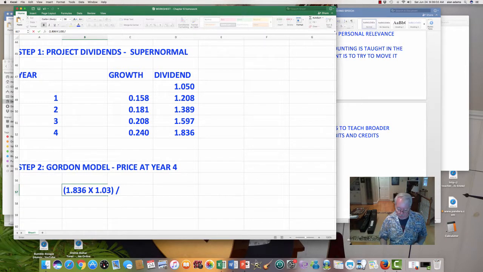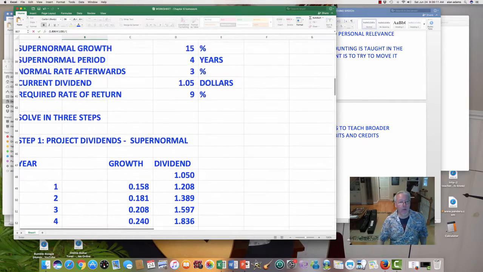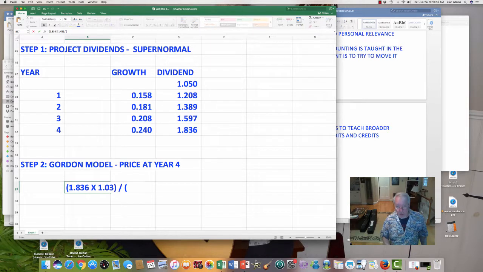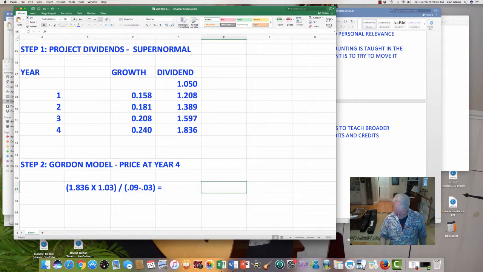So I'm going to take that number as my numerator, and I'm going to divide it by the difference between my required rate of return, 9%, and my normal growth rate, g, of 3%. Okay? Let's see what that gives us. Let's math that whole thing out.